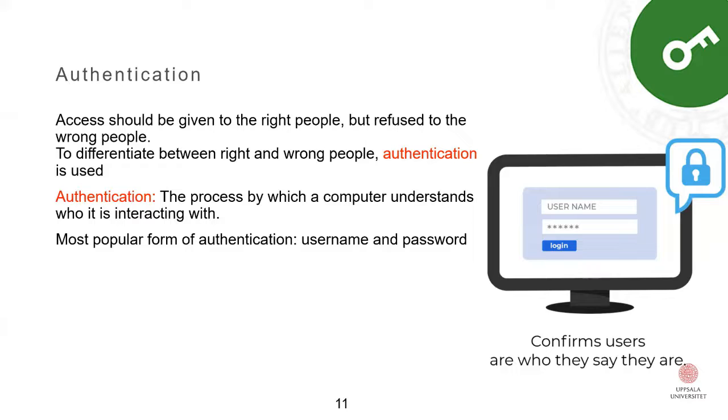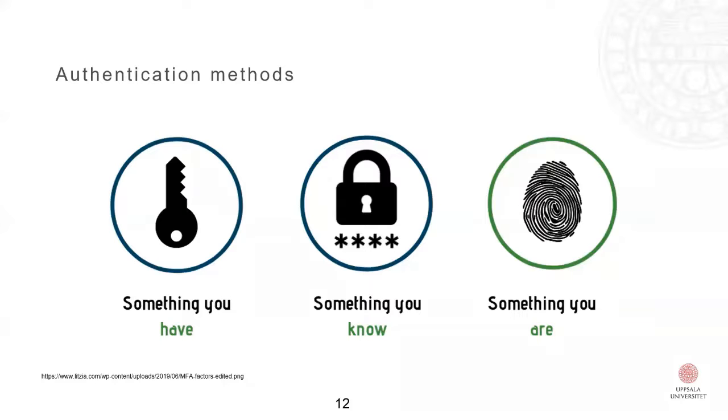The most popular way of authentication is using username and password. Using username and password is not, of course, the only way for authentication. There are different methods for authentication, and they are classified into three main categories. In the first category, the authentication method is based on something you have, for example, a credit card.